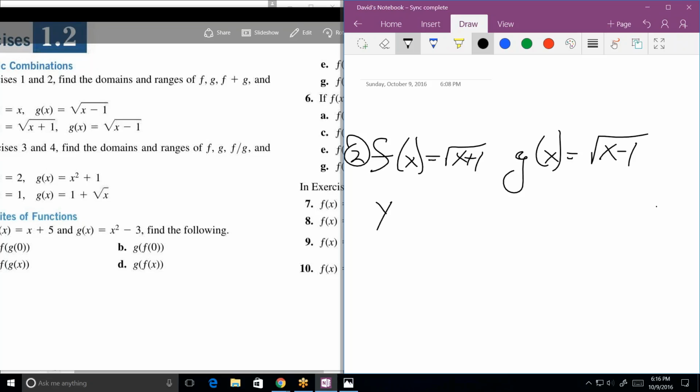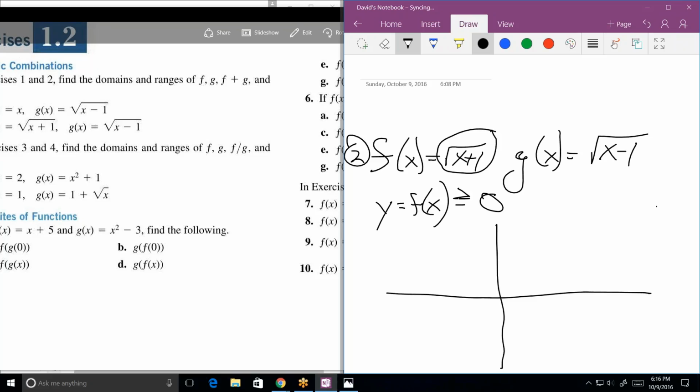So y, or f of x, has to be greater than or equal to 0. Just because it has to be. In other words, no matter what I put in there, I'm putting in things that are greater than or equal to 0, so y is always going to be greater than or equal to 0. If I graph the normal square root function, it looks kind of like that.